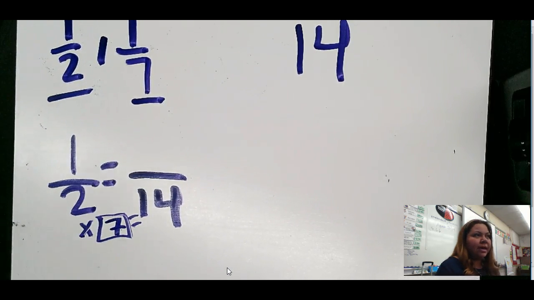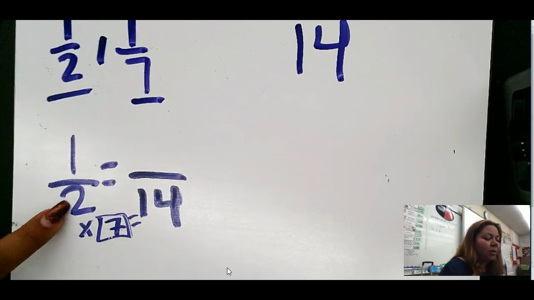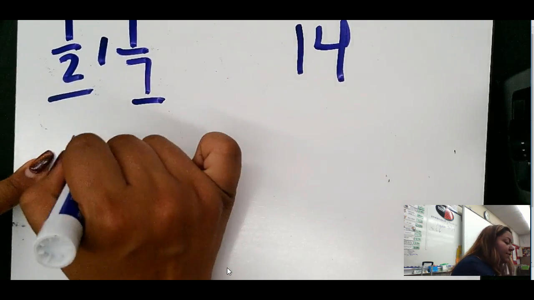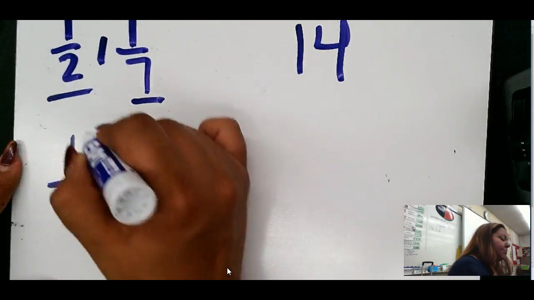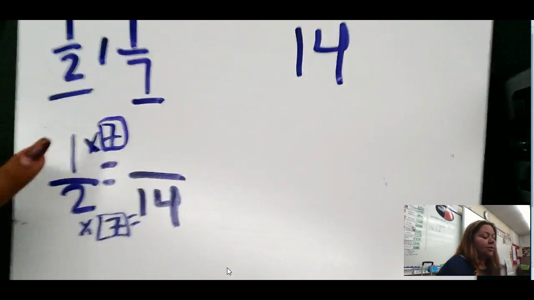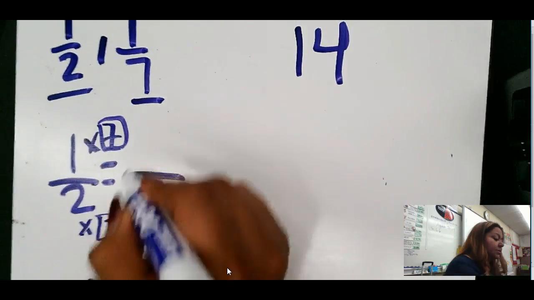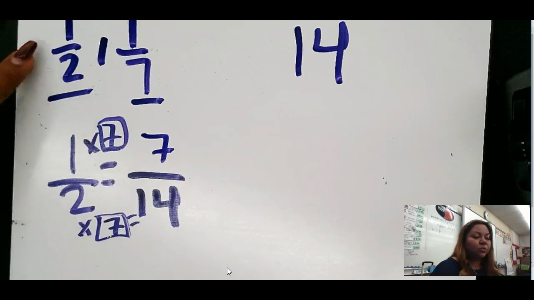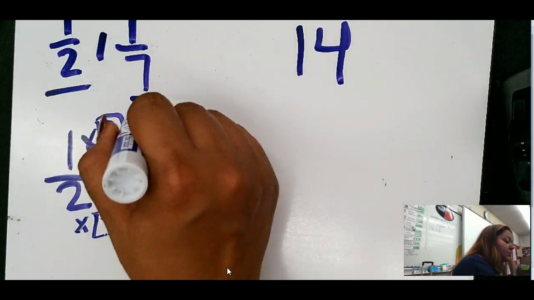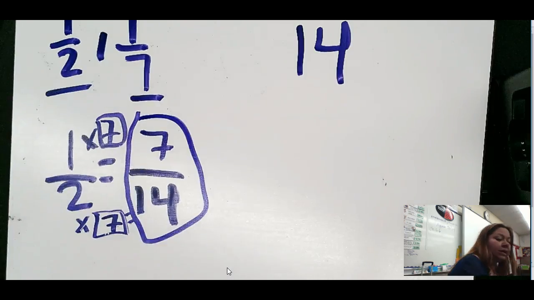And remember what I said, you have to be fair. If you multiply 7 to your denominator, you have to multiply 7 to your numerator. It's about being fair, right? 1 times 7 equals 7. So my equivalent fraction to 1 over 2 is 7 over 14.